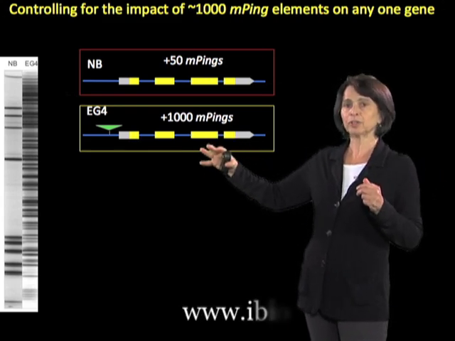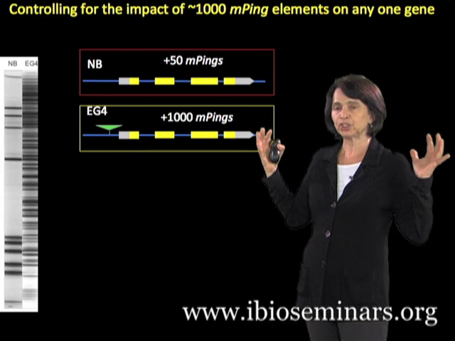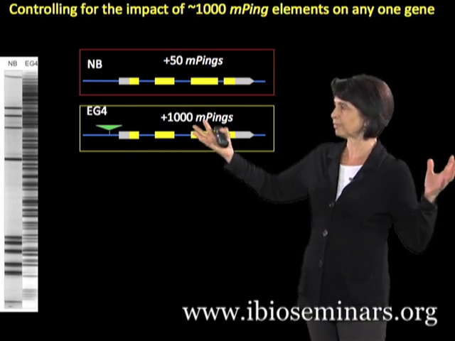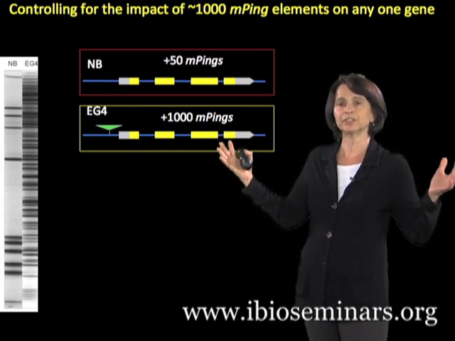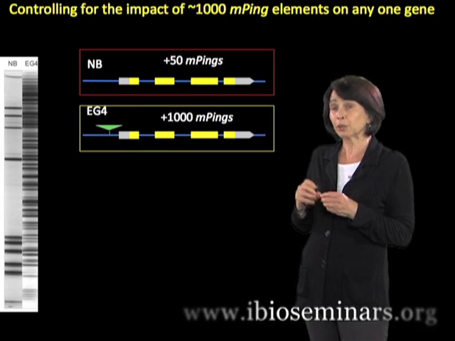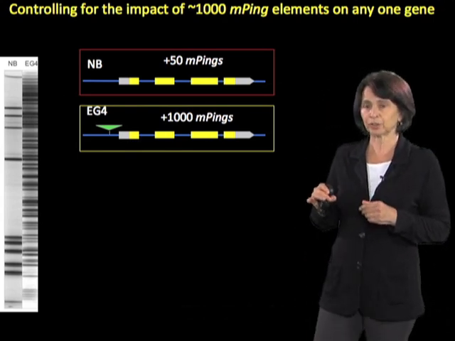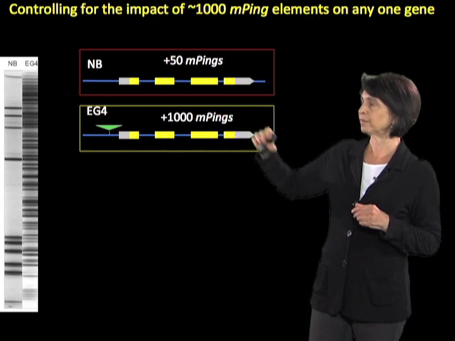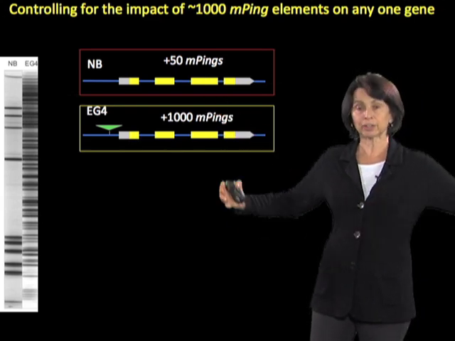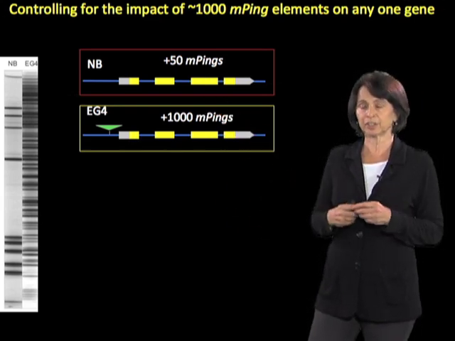Whereas the EG4 alleles, all of them, are in genomes that have, I show here 1,000, but 500 to 1,000 Emping elements. So it's possible that the differences that we're seeing in transcription between EG4 and Nippon-Bari is due to that load of 1,000 elements in the background.